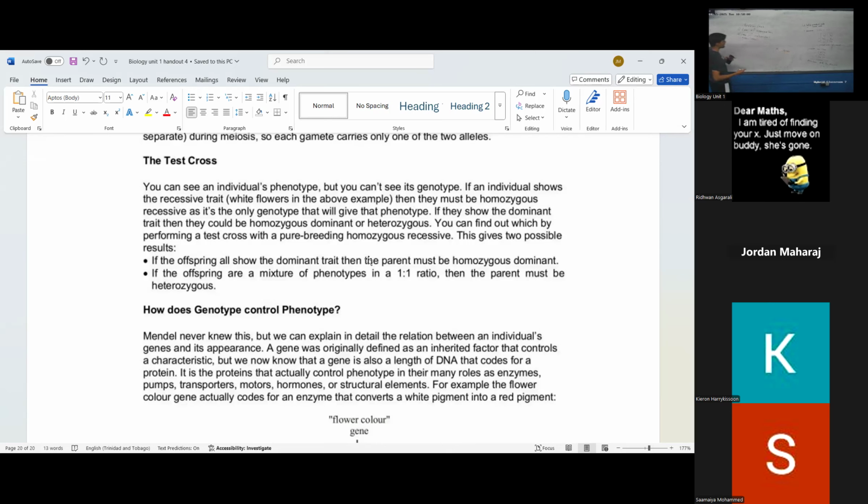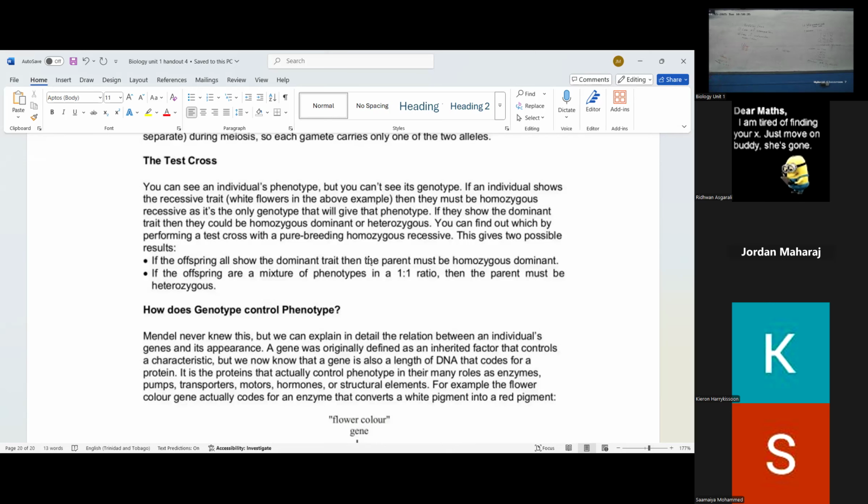Say we have a pea plant expressing wrinkled seeds. What are the possible genetic combinations for wrinkled seeds? Wrinkled seeds could be either heterozygous or homozygous.